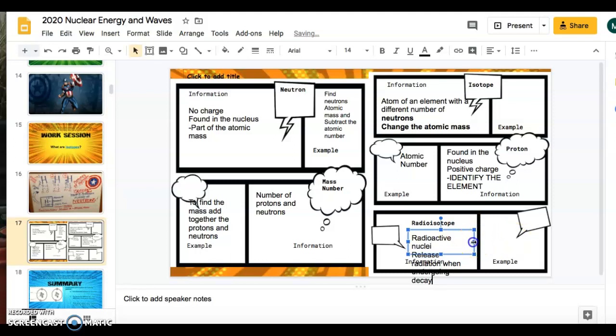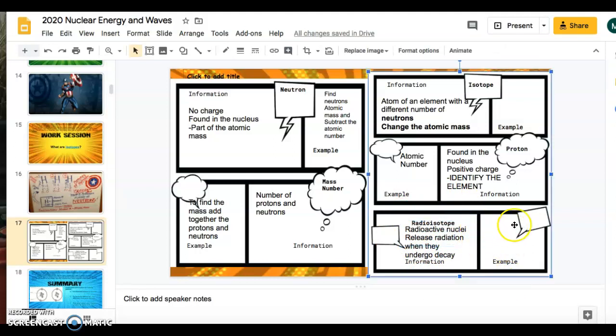In other words, these guys are unstable. When they're trying to become stable and they're beginning to undergo decay, they release radiation, which we're going to talk about a little bit later in this unit. But understanding that these are normally what we think of when we think of isotopes, nuclear energy, and so forth.